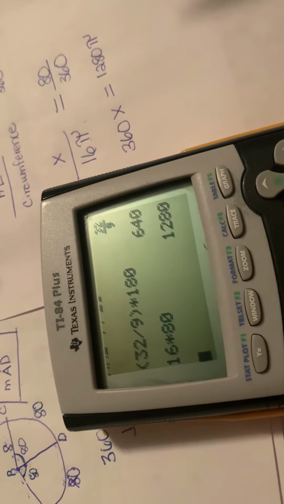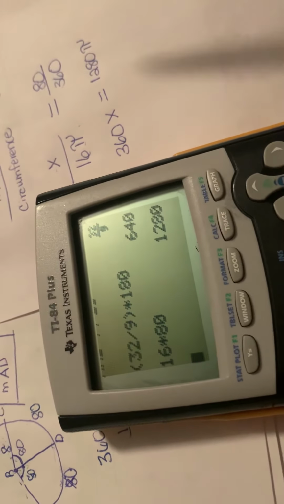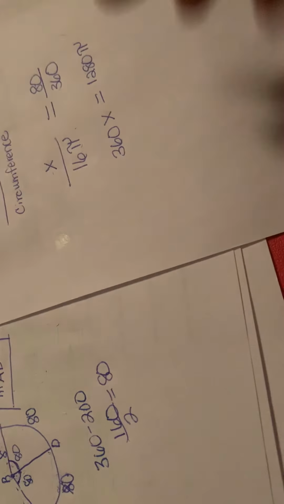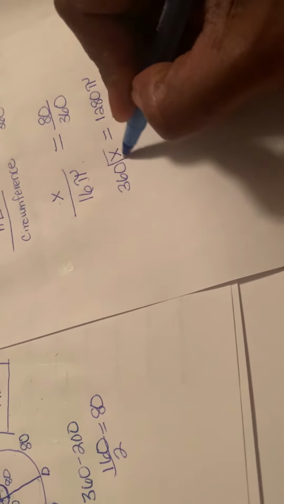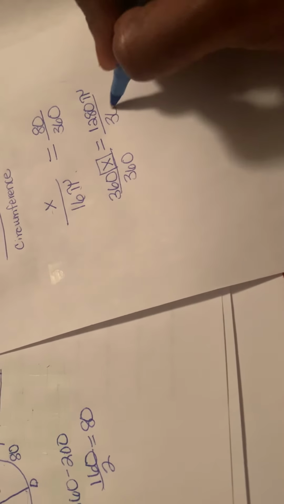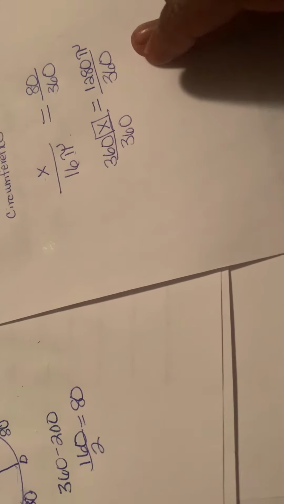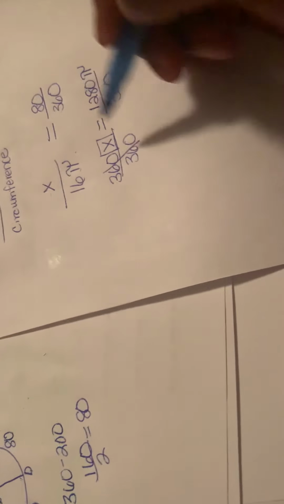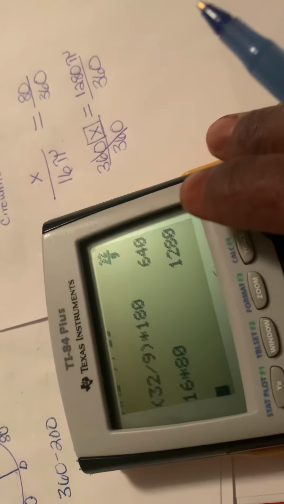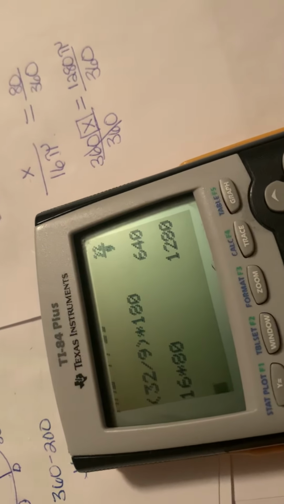I know it looks weird, but pi is a number, so we don't have variables on both sides. And then we're ready to solve, because remember, x is what we're solving for. I just divide by 360 to get this by itself. So once I simplify this fraction over here, then I have my answer.